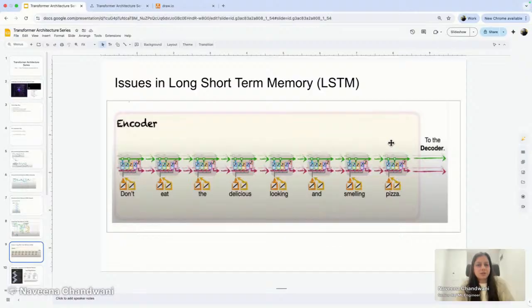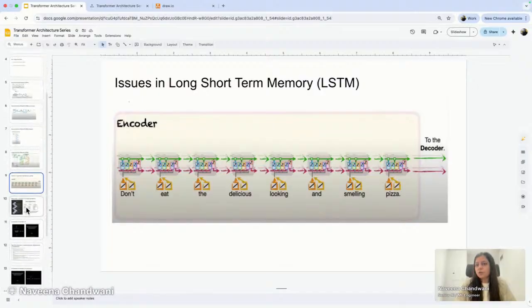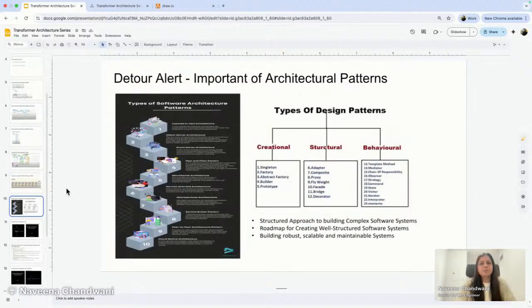It will try to decode what it got from the encoder and predict your most likely next word. This is how encoders and decoders are used together, and this could be supported using LSTM units. So far we saw the issues with our LSTM as well. Now we will take a detour.